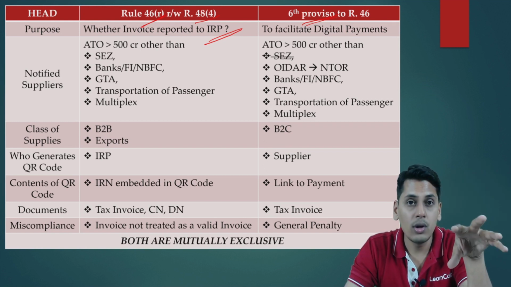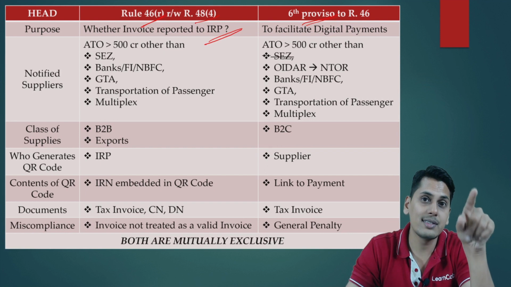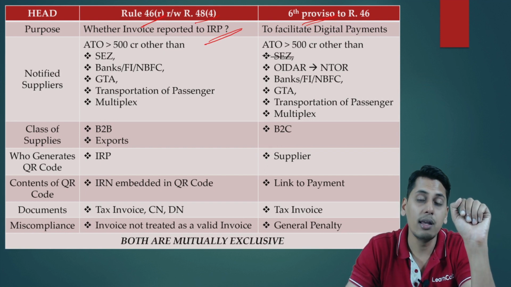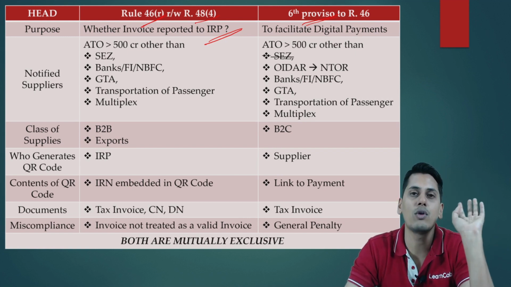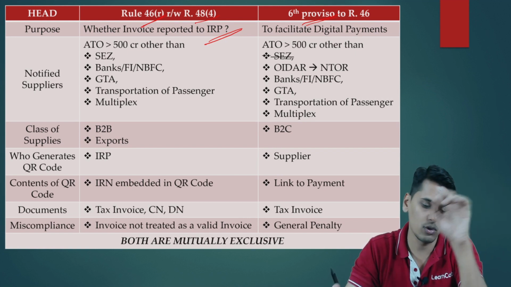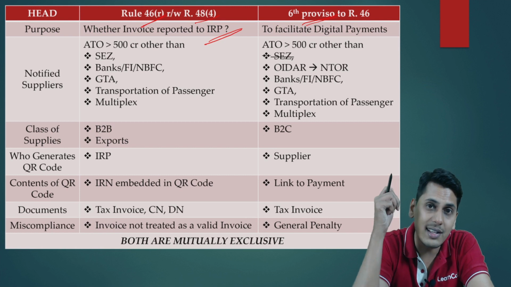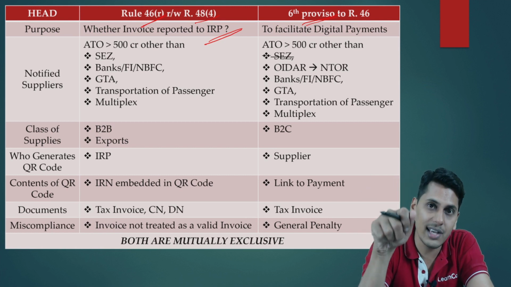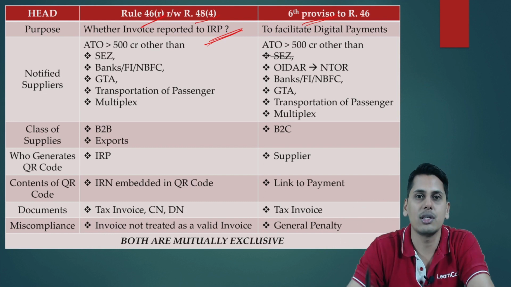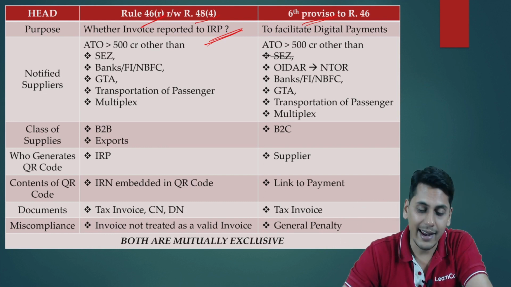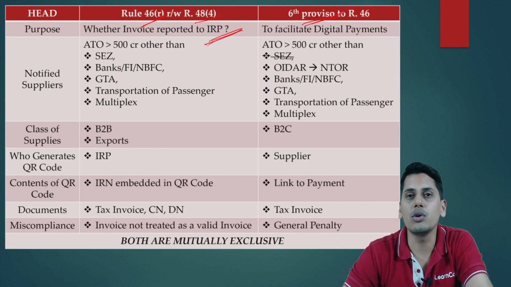It is going to tell you on which date this invoice was reported to the invoice registration portal. It is also going to tell you whether this invoice has been digitally signed by the invoice registration portal or not. So the only purpose is to check. On scanning the QR code, you will be able to check whether this invoice has been reported to the invoice registration portal. What is the purpose of the dynamic QR code which is there in sixth proviso to rule number 46?